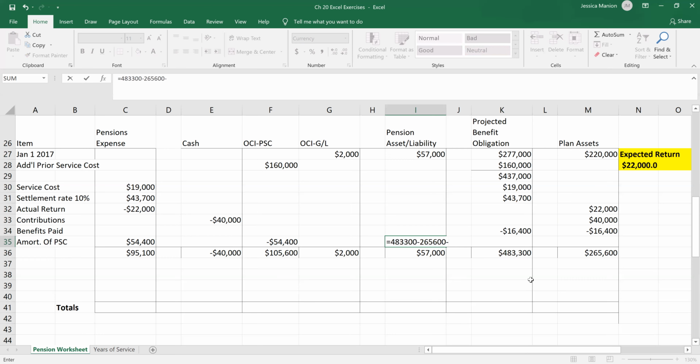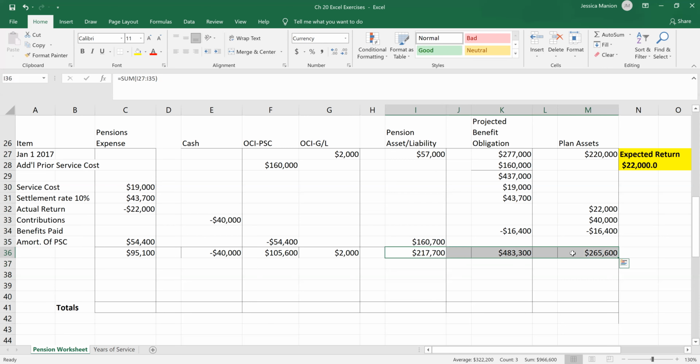We already had 57,000 obligation in there. So essentially we need an additional 160,700 in our obligation. And I don't know why I keep messing this up here. Put it there.